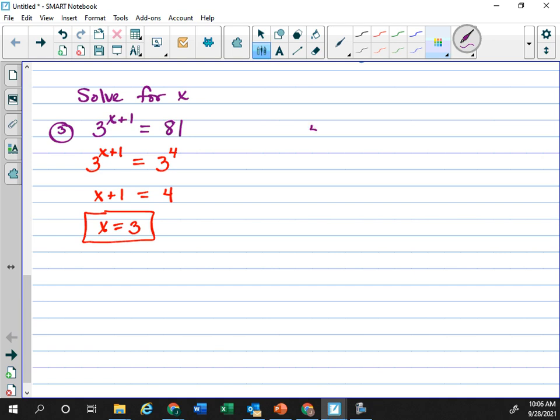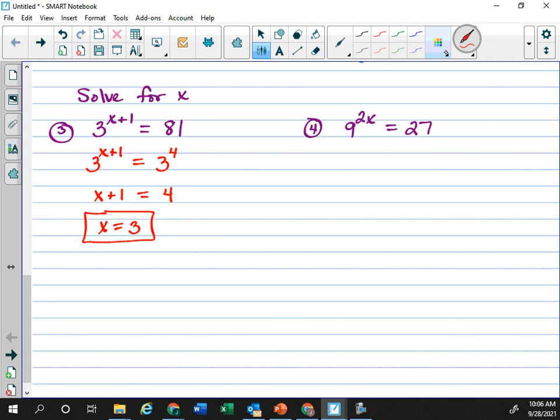Let's try another one. All right, let's do 9 to the 2x equals 27. All right, thoughts on a base here that would work? 3, good.